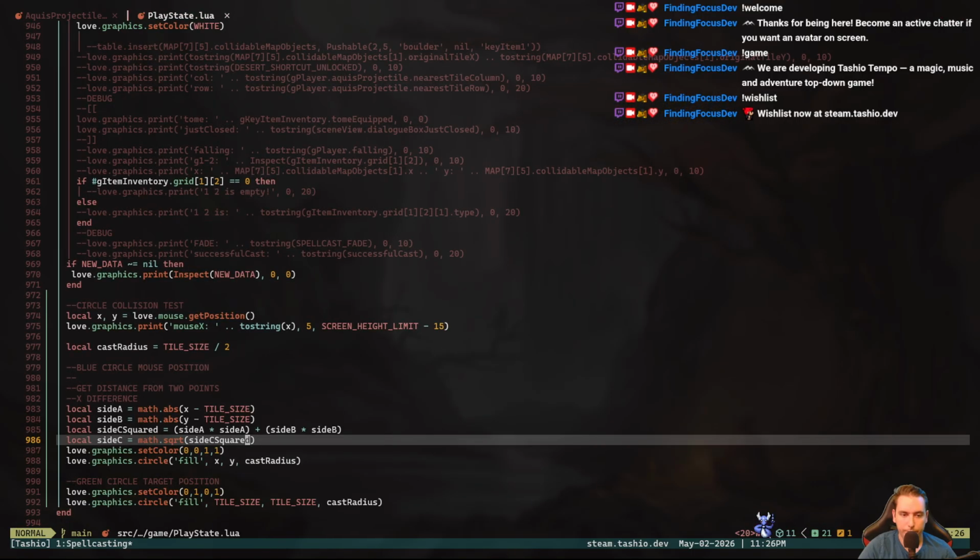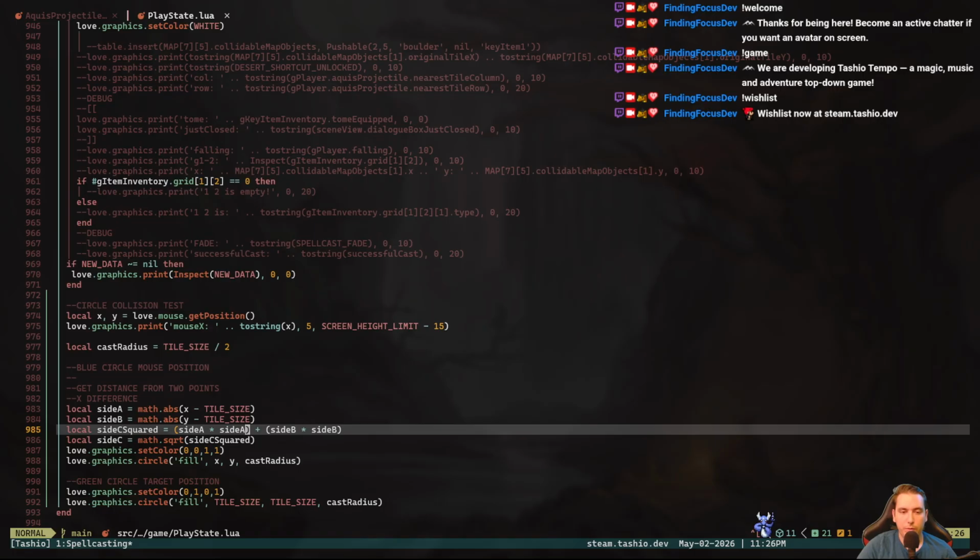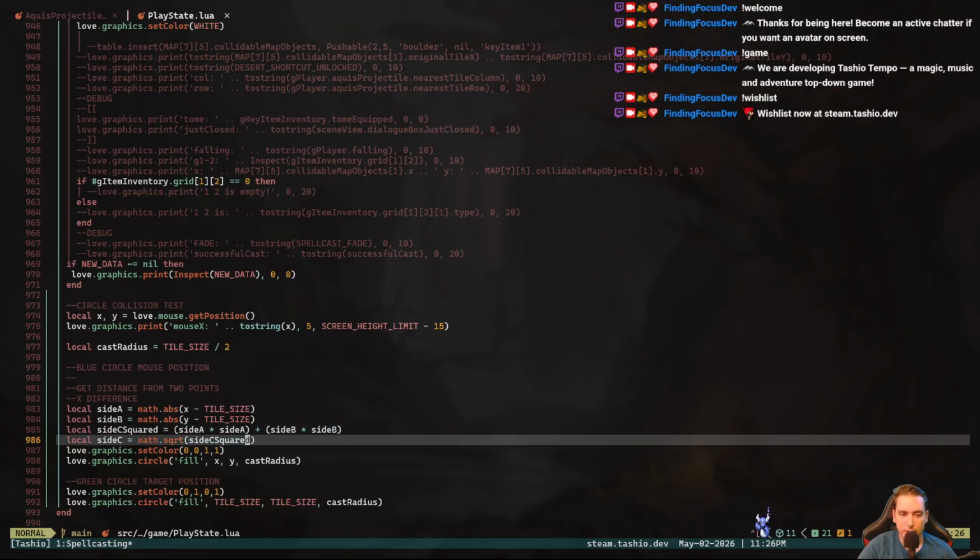Maybe? We didn't crash. Okay. So we have a squared plus b squared equals side C squared, and then we say side C is the square root of side C squared. So this side C should be our distance between 2 points.